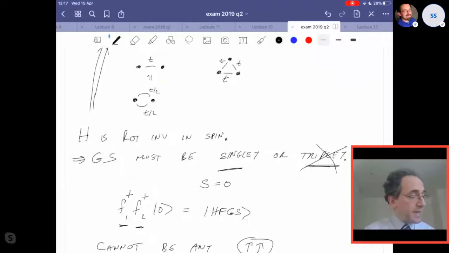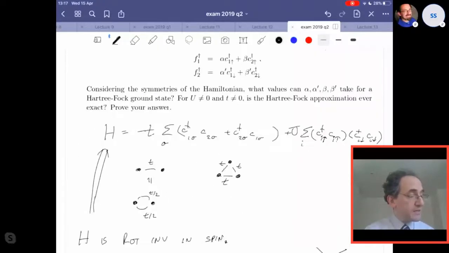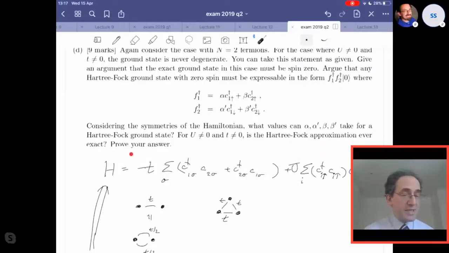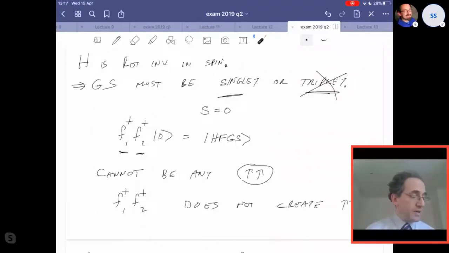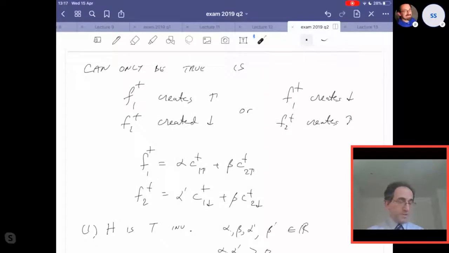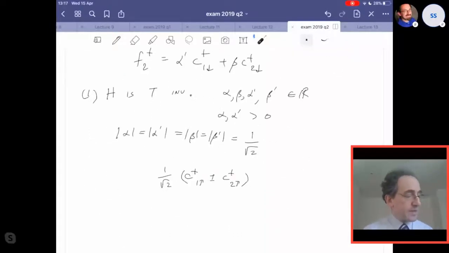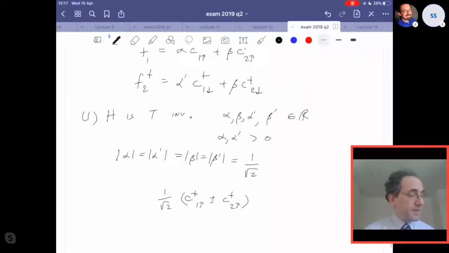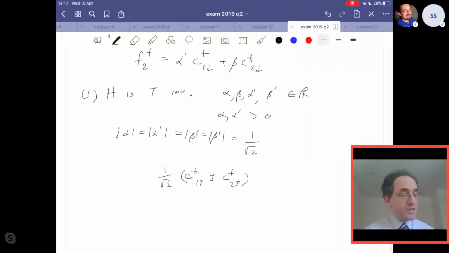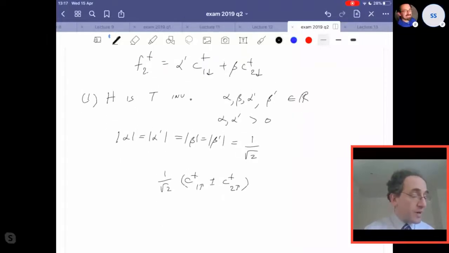Finally, the last question for U not equal to 0 and t not equal to 0: is the Hartree-Fock approximation ever exact? Well, the answer is no. And to prove it's not exact, okay, the single particle basis is, let me change some notation here.